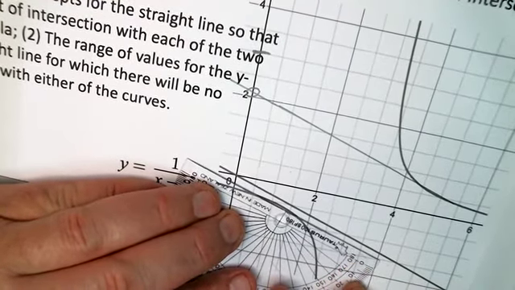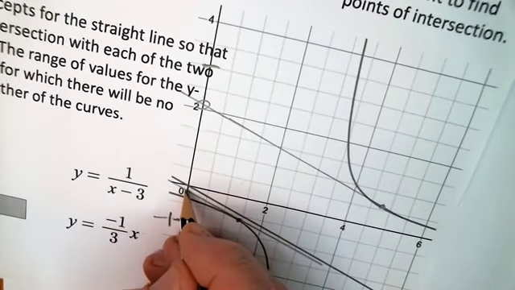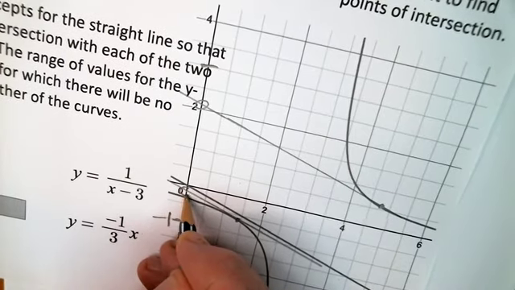It's getting closer and closer, but there's our point of intersection, more or less. Let's see if that makes sense. It's going to be negative 0.15. Well, there's 0, there's negative 1, so it's about negative 0.15. That makes rough sense. I think we're about right there.